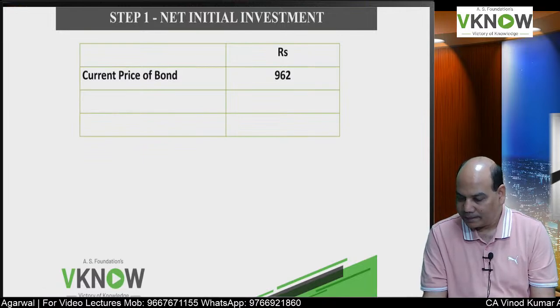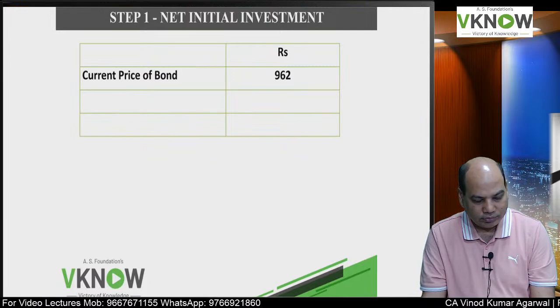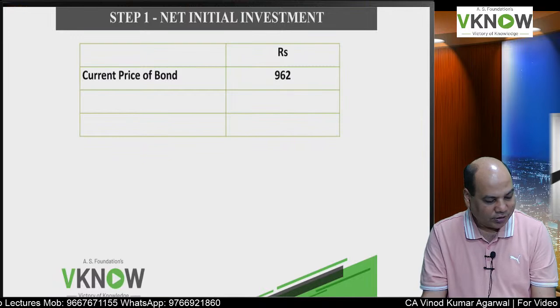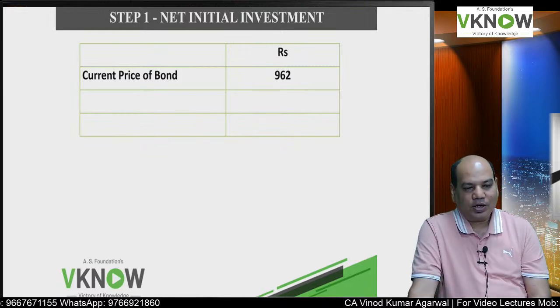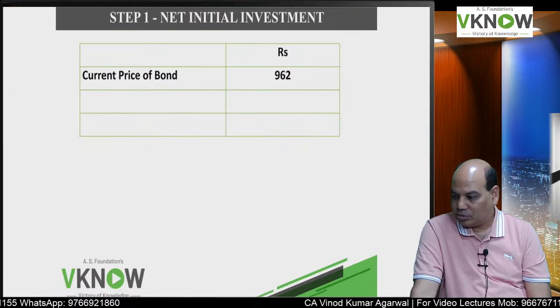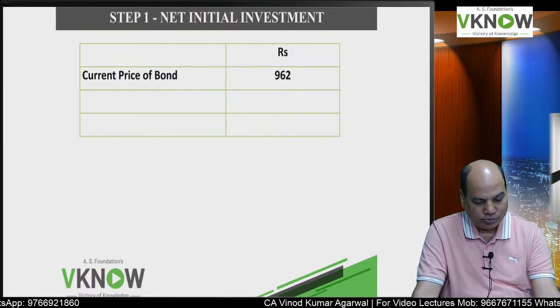Is it right? So write down first step 1, net initial investment, right hand side rupees. First point A, current price of the bond. We'll take current price, because if I buy the bond today, I'll pay 962.